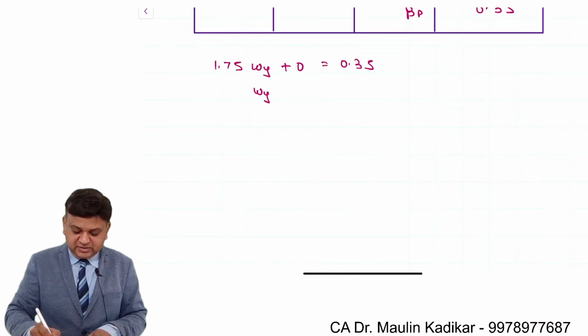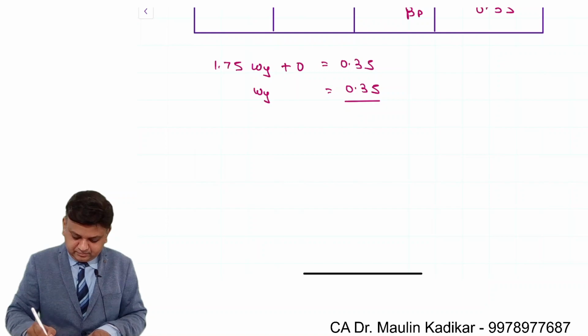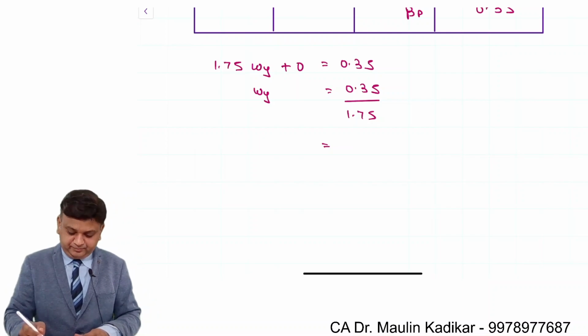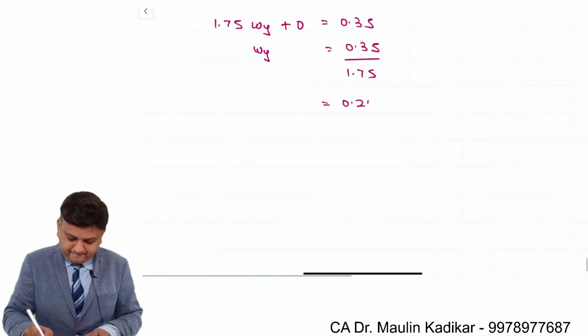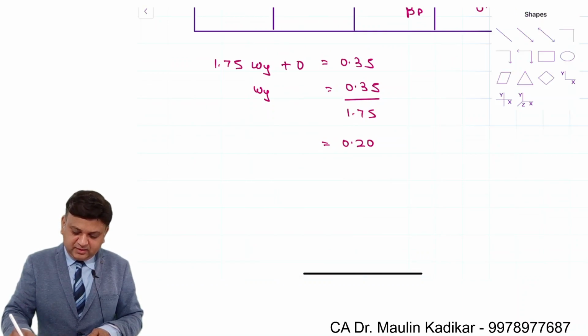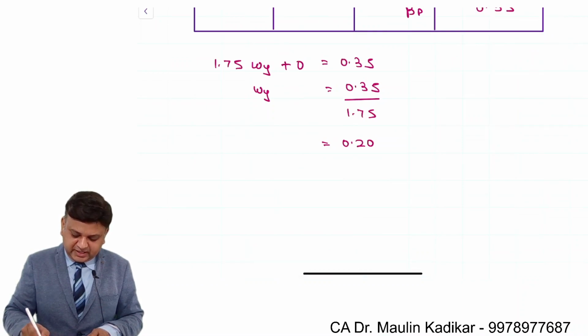So weight of Y is equal to 0.35 divided by 1.75. So the answer is 0.20. Once we make the computation of weight of Y, then weight of RF will be calculated as a balancing figure.